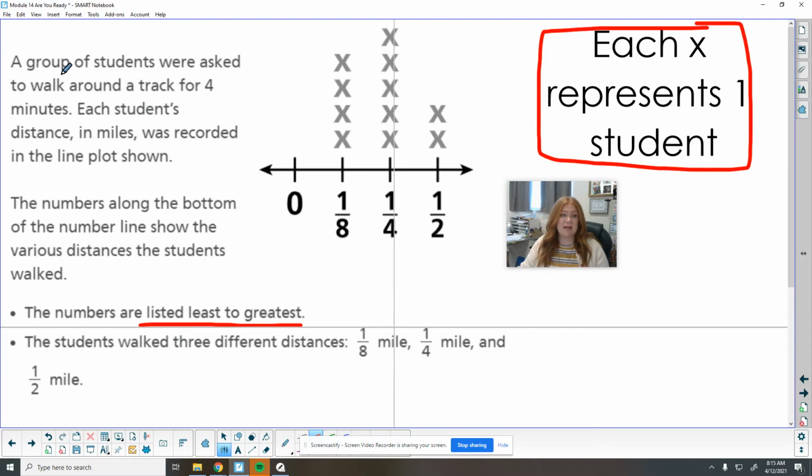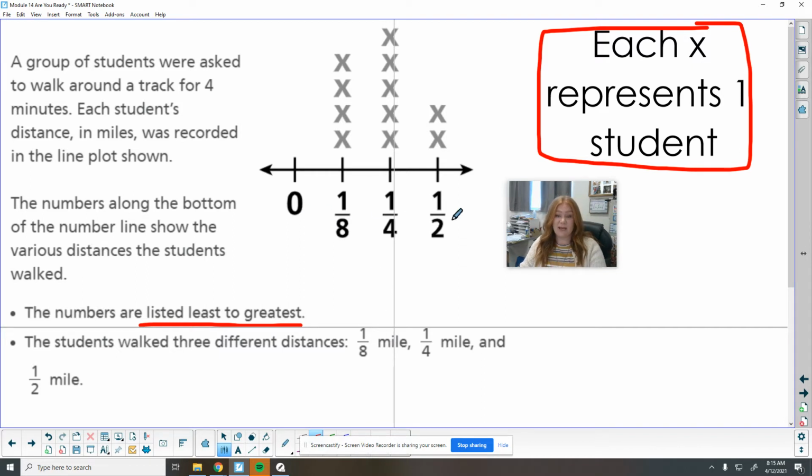A group of students were asked to walk around a track for 4 minutes. After 4 minutes, this is how far some of them went, this is how far some of them went, and this is how far some of them went. So these are their distances, and each X represents a student that went that distance. It's important to understand what these numbers are telling us.